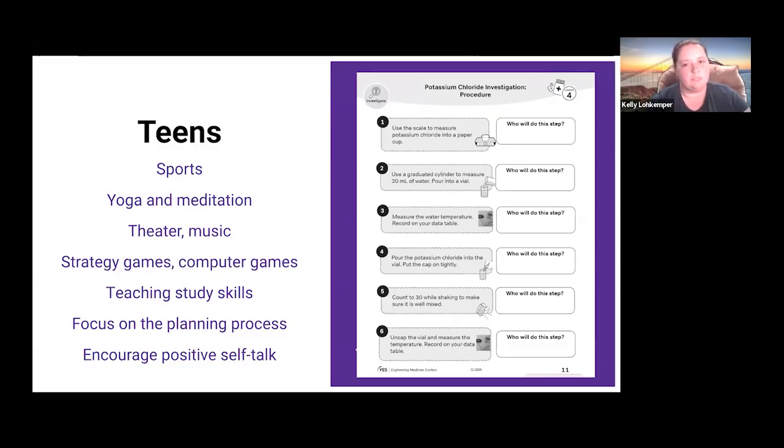Study guides. I love study guides for kids because it allows other people to be able to help them outside of the classroom. But I want to focus a lot on that positive self-talk because very often kids are told, especially in the neurodivergent community, you just need to try harder.